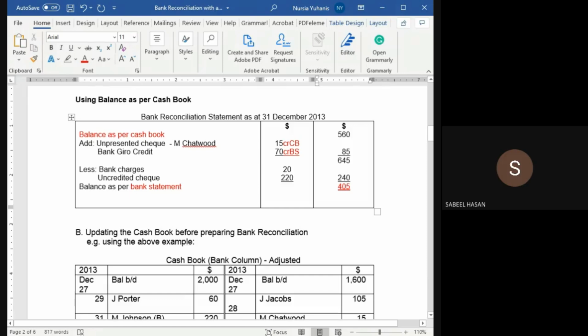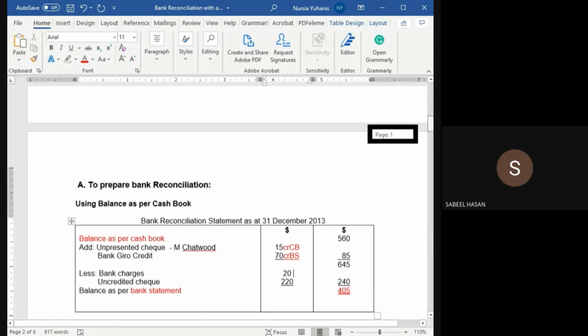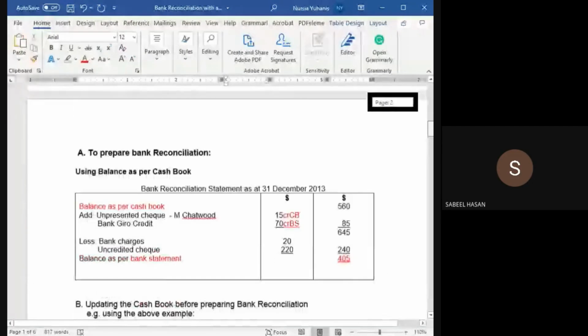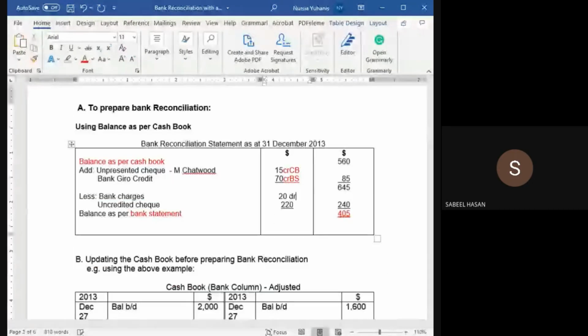You have another one you need to deduct. Okay, here you put as less. Okay, what you need to deduct is the bank charges. So bank charges is only appear in your bank statement. Okay, the name itself is bank charges. So $20. This one is debit side of bank statement.